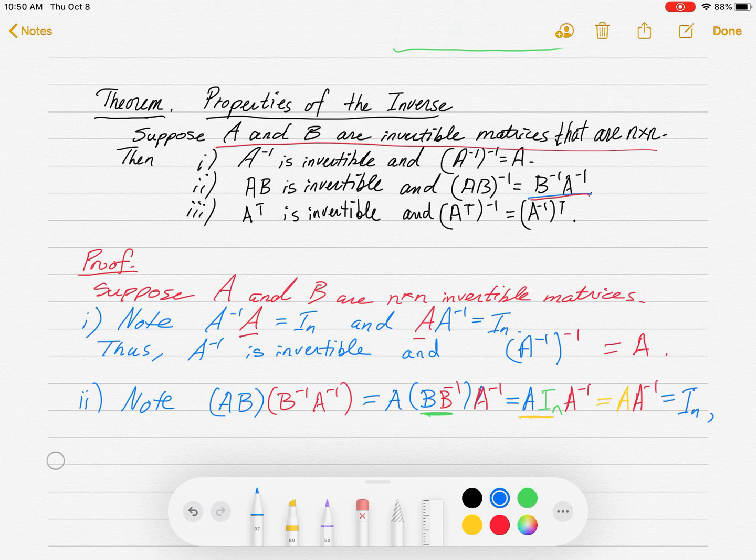Now you have to show it works on the other side as well when you multiply by that red B inverse A inverse from the left. So now let's try B inverse A inverse coming from the left side of AB. You can play the same game.